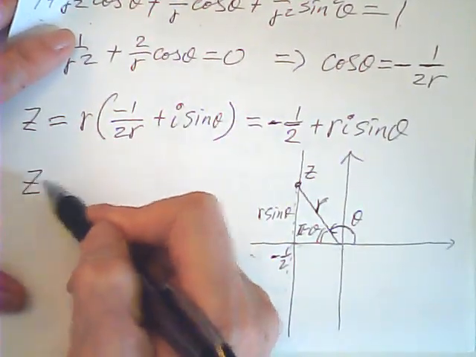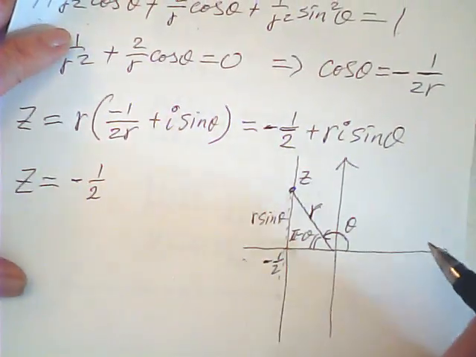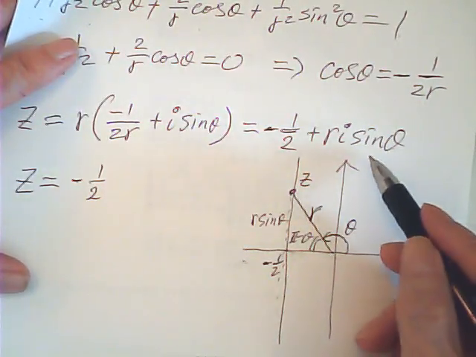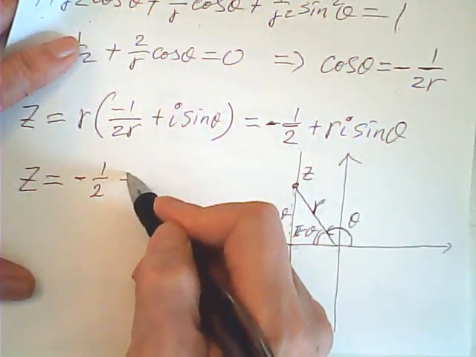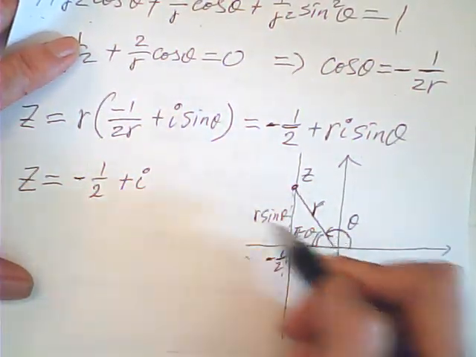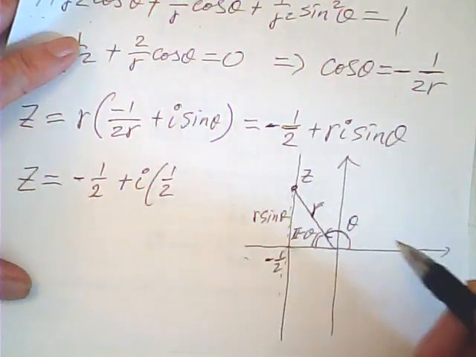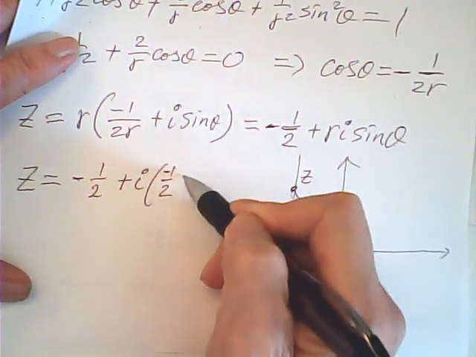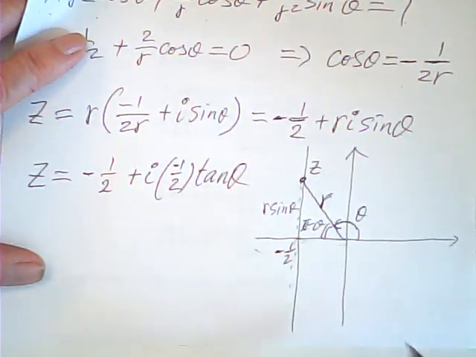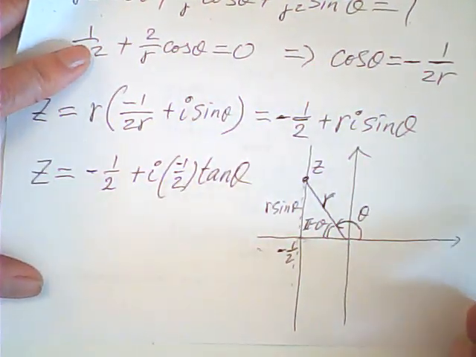So in other words, z is equal to negative half plus i. This is negative half times tangent, right? Negative half times tangent theta. Or positive half times tangent of pi minus theta, which is the same thing.